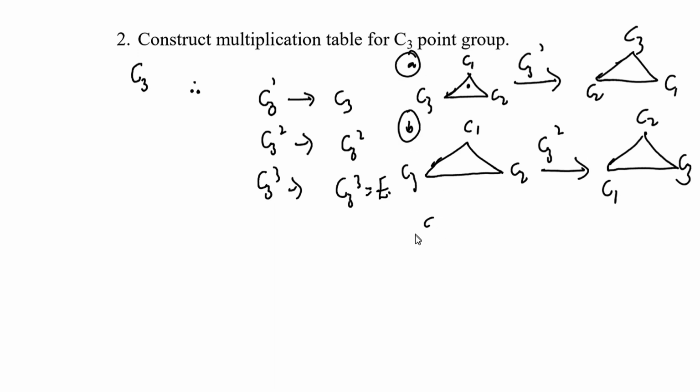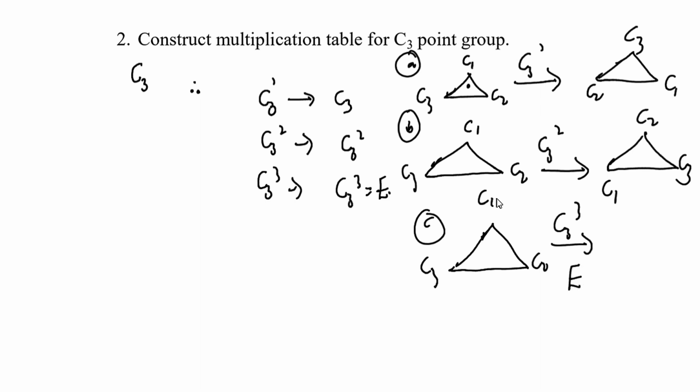So let's look at C. Let's say we have C1, C2, and C3. Let's say we carry out C3 cubed, which is the same thing as identity. This will move by 1, 2, 3. So it's going to give the same structure. We're going to have C3, C1, and then C2, right?